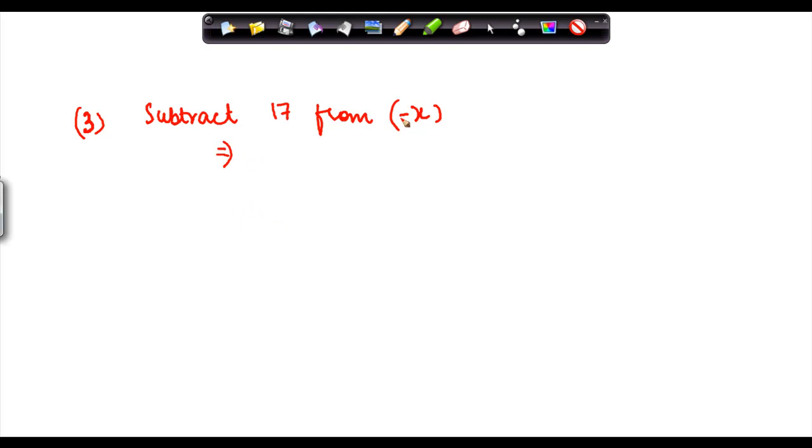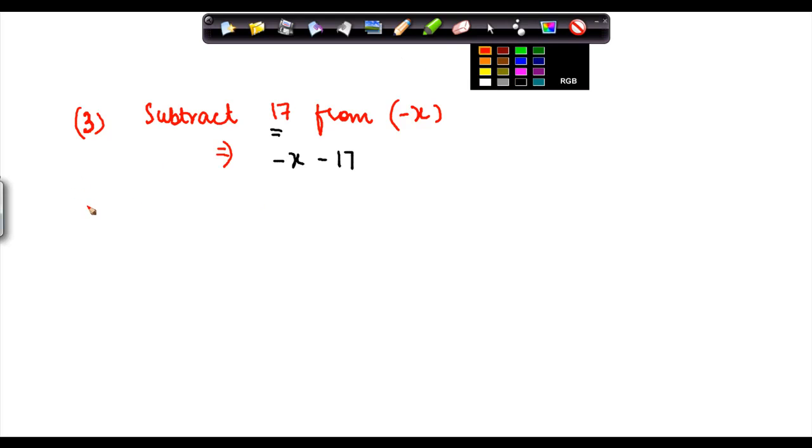I have a number which itself is a minus number, and from that I need to subtract another number. But just like I told you, if this were not minus x, this was some other number, how would we write it? We would have written that number minus 17. So it really doesn't make a difference here. I can write this as minus x minus 17. So this becomes my expression.